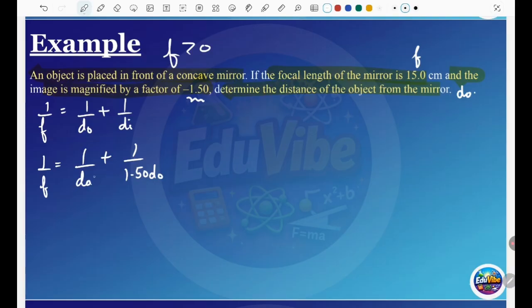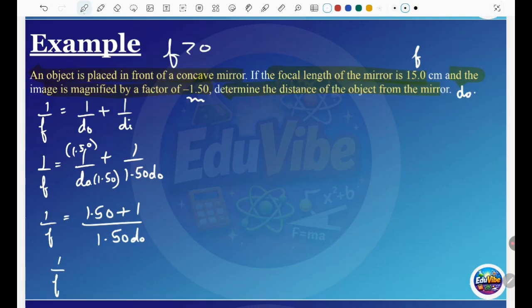So they both have DO, so you have to multiply this by 1.50. This also multiply by 1.50. So when you do this, you get 1.50 plus 1 upon 1.50 DO. Now this thing is equal to this plus this, so you get 2.50 upon 1.50 DO.